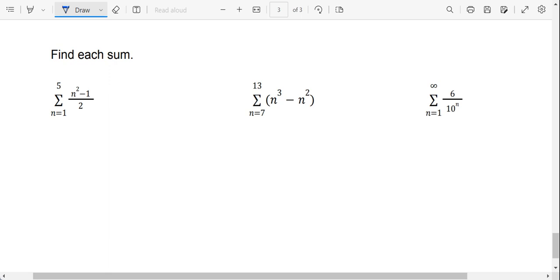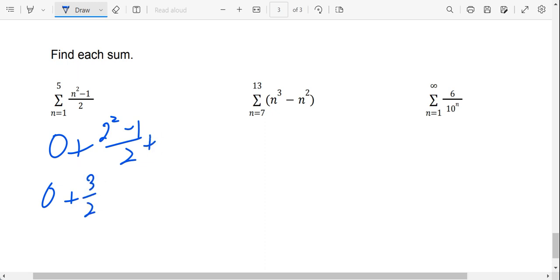So I have 3 examples here. Find each sum. If I put 1 into this, I'll get 1 squared is 1, 1 minus 1 is 0. So when I put 1 in, I get 0. When I put 2 in, 2 squared minus 1 over 2, that will get me 3 halves.